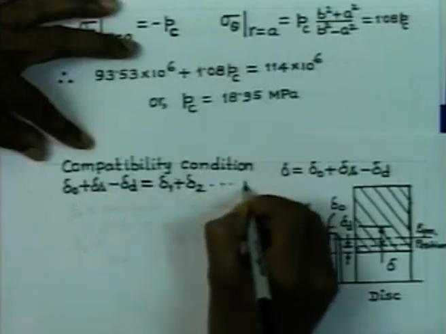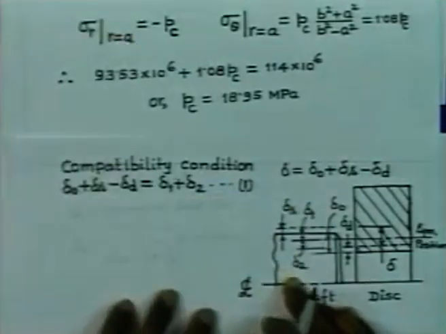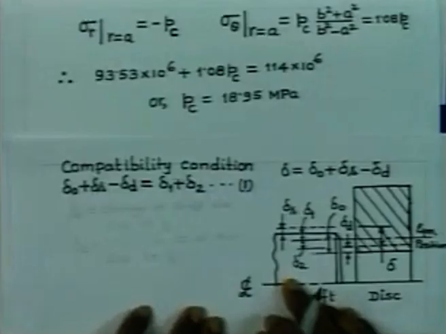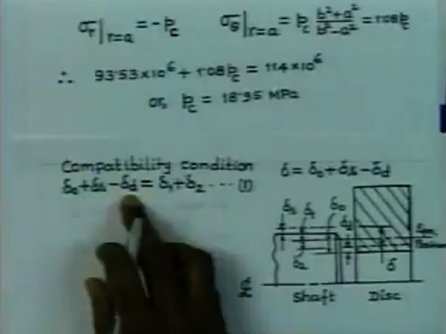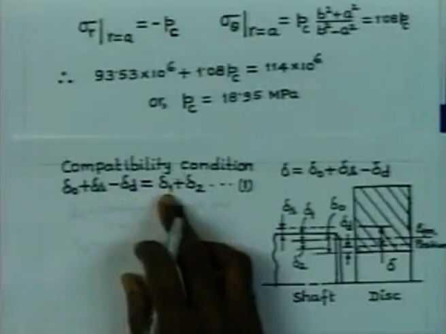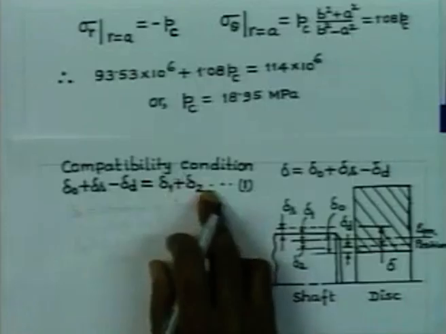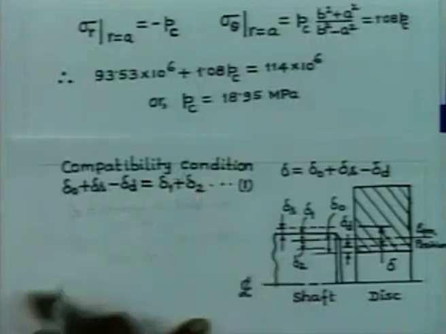So, this is a very important equation. When the two components assembled together are rotating, they would have the compatibility condition satisfied at the rotational speed like this. Initial interference plus the expansion of the shaft under rotation minus the expansion of the inner radius of the disc is nothing but the change in the shaft radius under contact pressure plus the change in the inner radius of the disc under the same contact pressure.